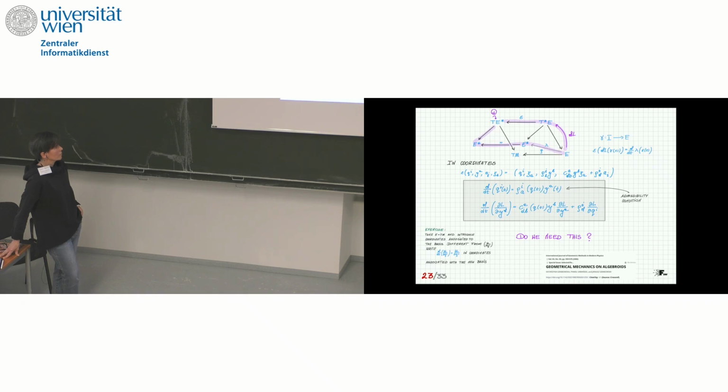Now, if you know that this is invariant, you can just go directly to the Lie algebroid and write down the equations which are given here. So Lie algebroid mechanics is a reduction of Lie groupoid mechanics.